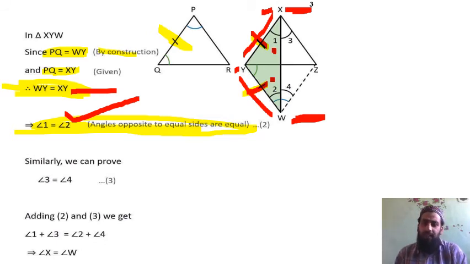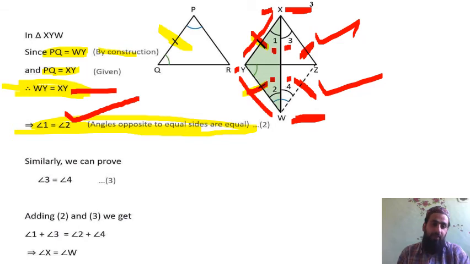Similarly, we can show that side XZ and side YZ will also be equal. And then the angles opposite to them, 3 and 4, will also be equal. So I wrote down, similarly we can prove angle 3 is equal to angle 4.